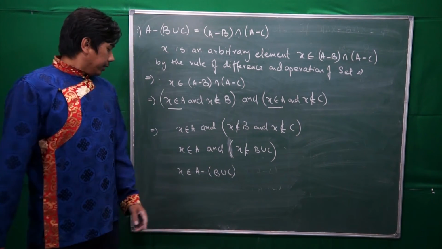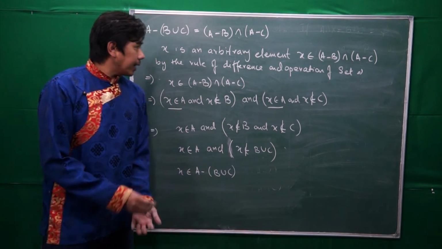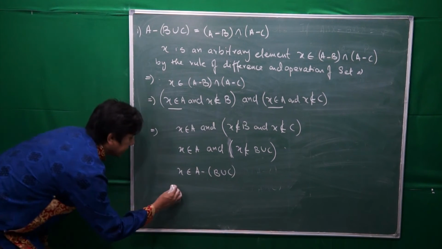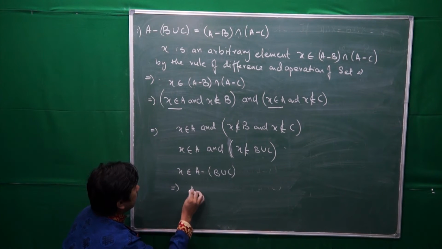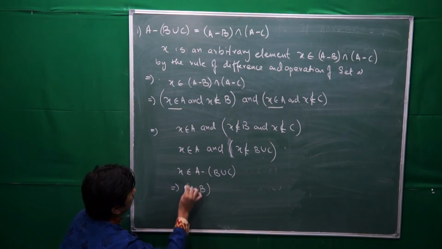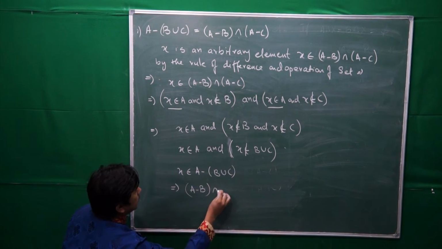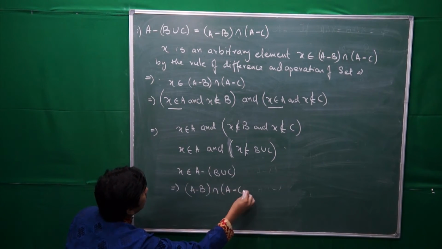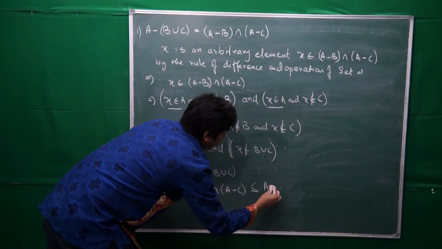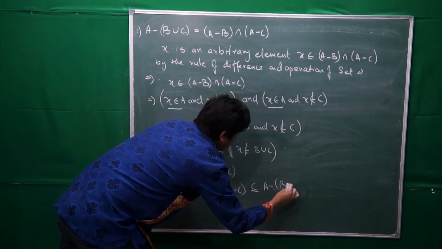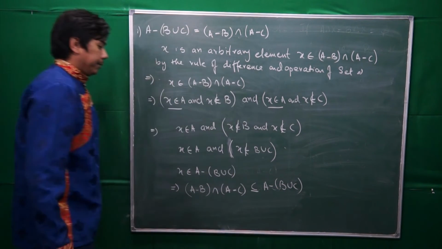Now since X is an element of this as well, therefore we can write that A minus B intersection with A minus C is a subset of A minus B union C.